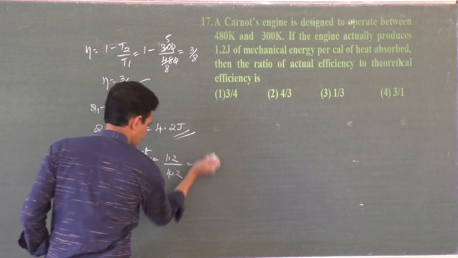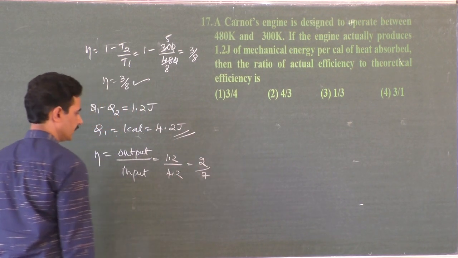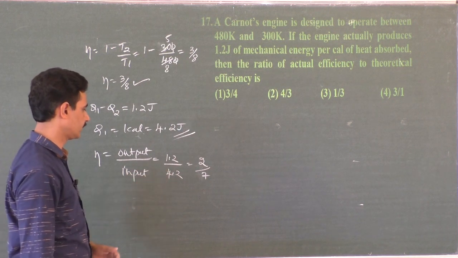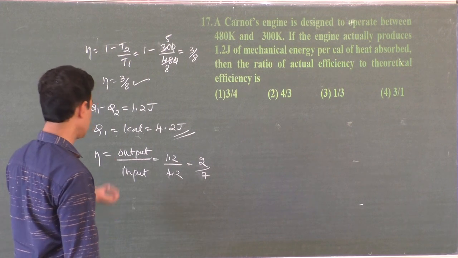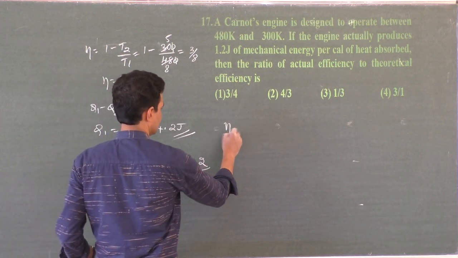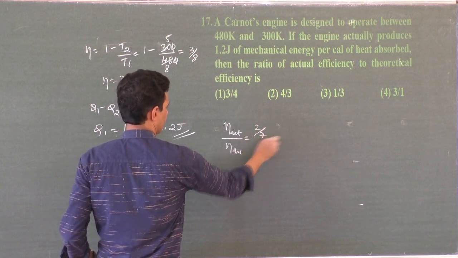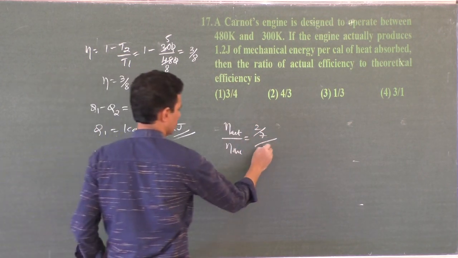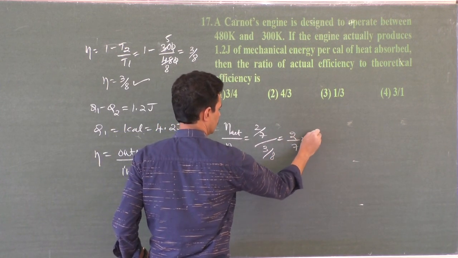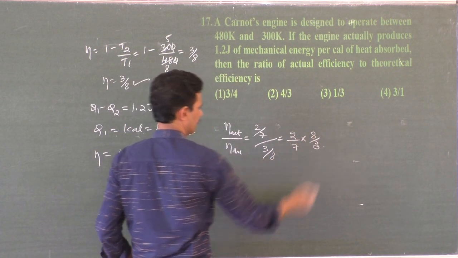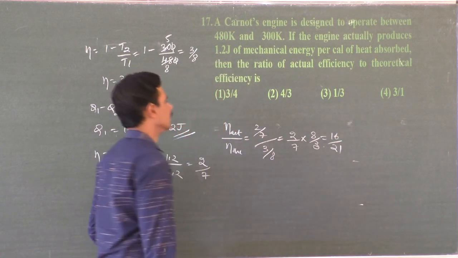No, not 1 by 6. 6 2s are 12, 6 7s are 42, so 2 by 7. The ratio is actual efficiency by theoretical efficiency: 2 by 7 by 3 by 8, that is 2 by 7 into 8 by 3, which is 16 by 21. Nearest one.